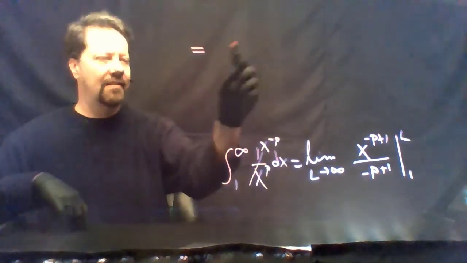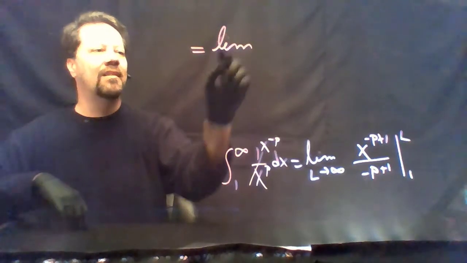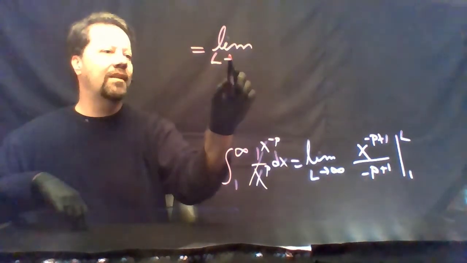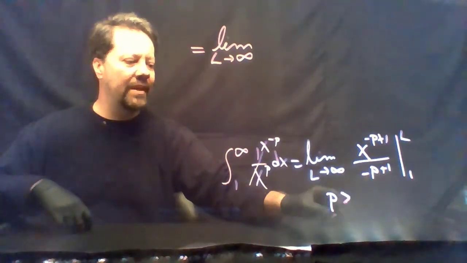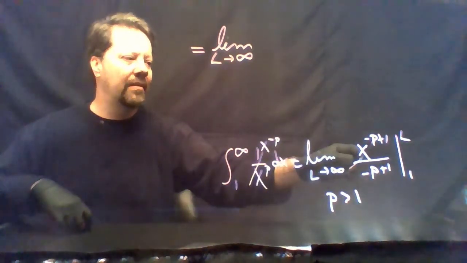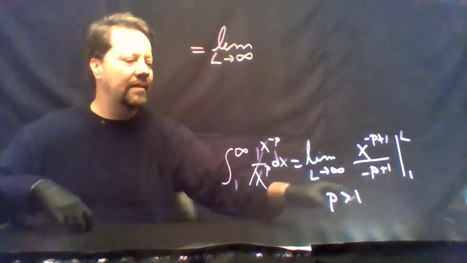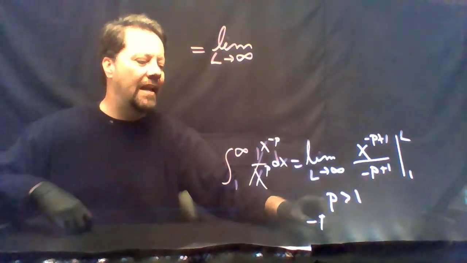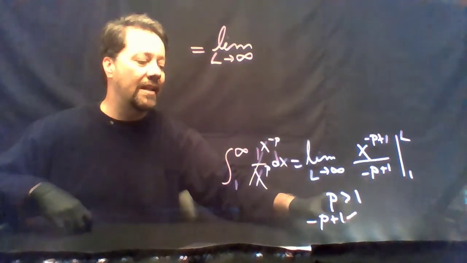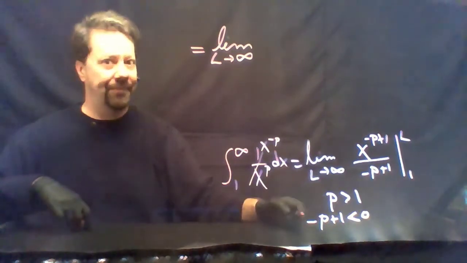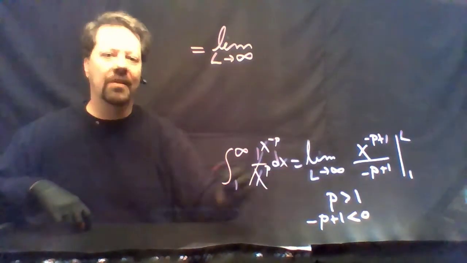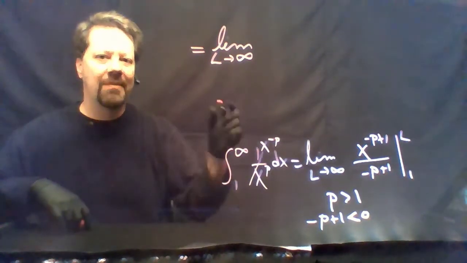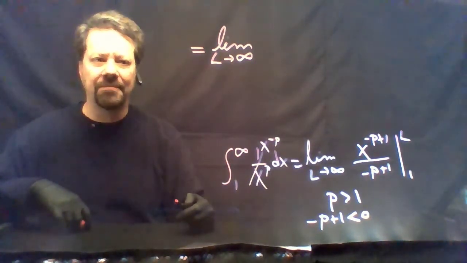We have then the limit as L goes to infinity. Now keep in mind, we've assumed that p is greater than 1 in this case. If p is bigger than 1, that implies negative p plus 1 is a negative number, which means we should lower this across the division symbol to make the exponent positive again.